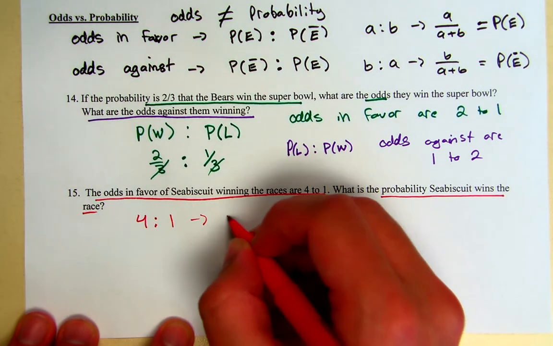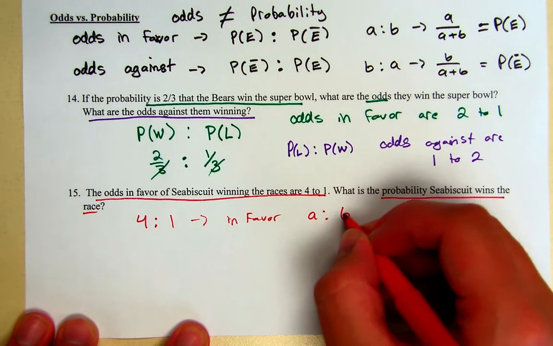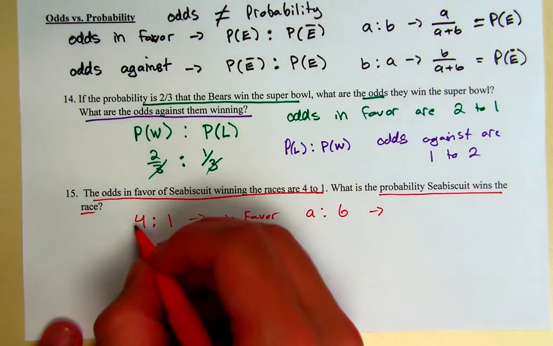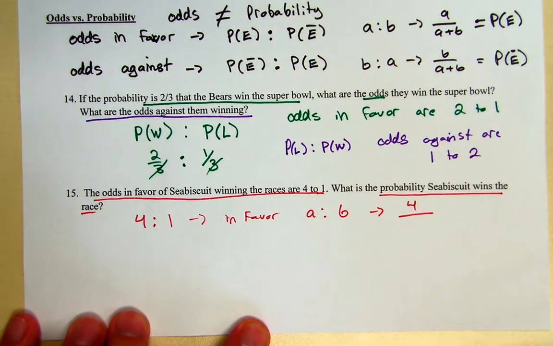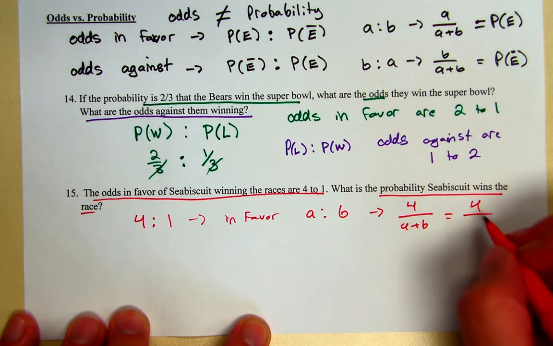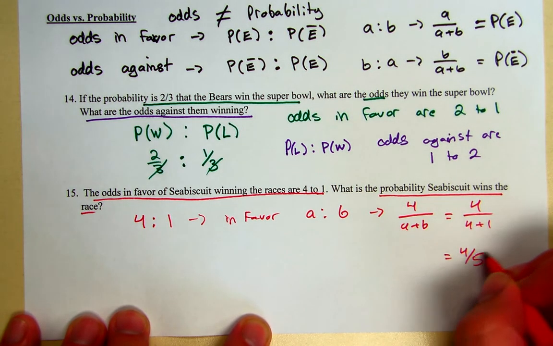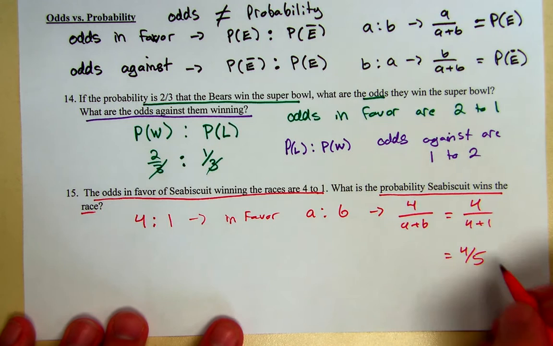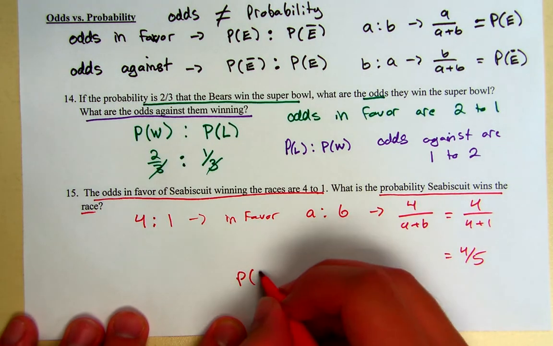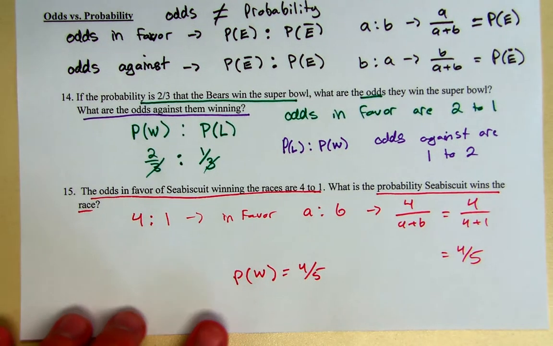Since it's in favor, we know we have A to B, which means my probability is 4 out of A plus B, which is 4 over 4 plus 1. I have a 4/5 chance. So the probability of winning is 4/5.